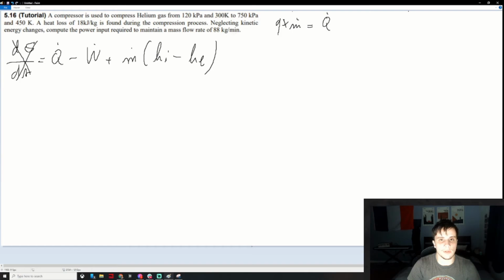Mass flow rate is given to us in kilograms per minute, so we're going to have to switch that to kilograms per second. And then specific enthalpy, since we have a gas, we can do the old classic: delta specific enthalpy is equal to Cp (T1 minus T2).